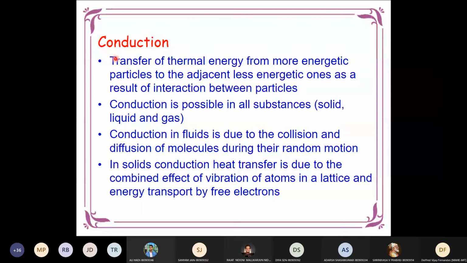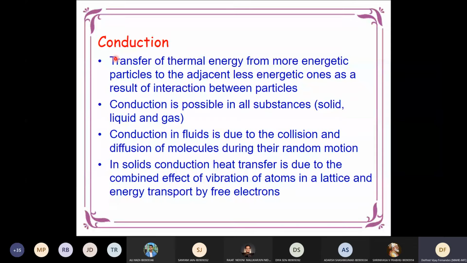Now, the conduction energy transfer is from more energetic particles. What is the meaning of more energetic particles? So how is temperature manifested in the solids? Anybody? The vibration of particles. Yeah, it is manifested in vibration of particles.